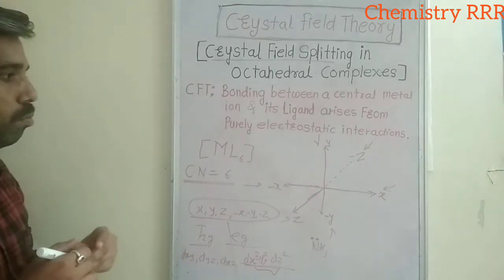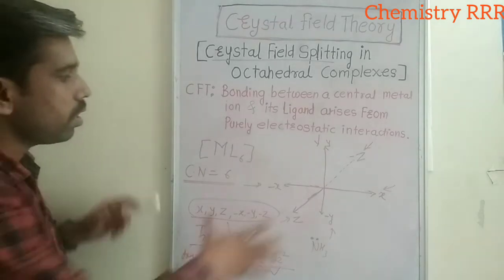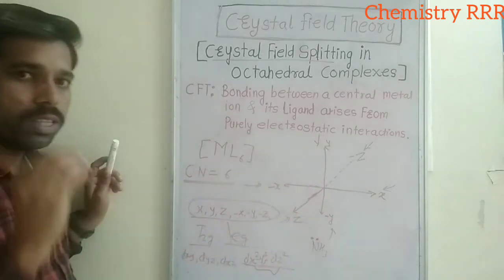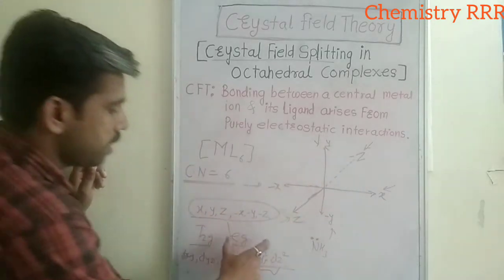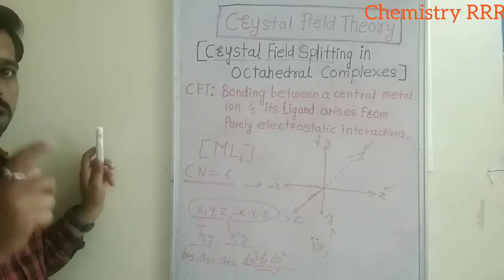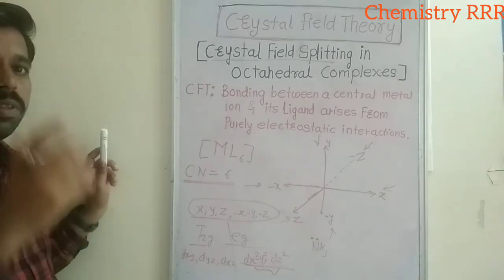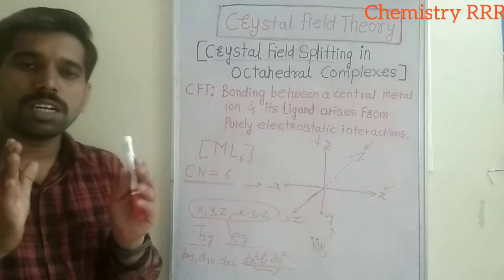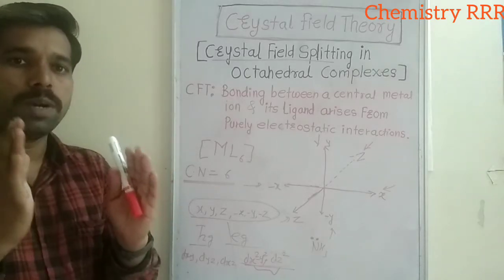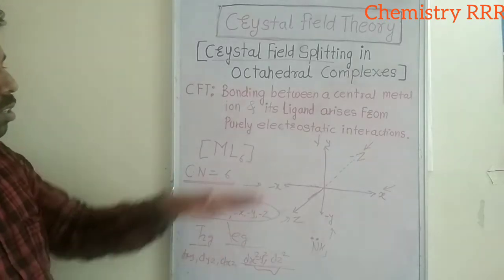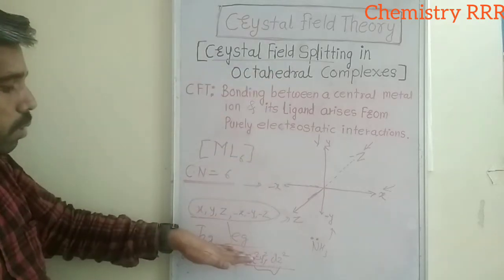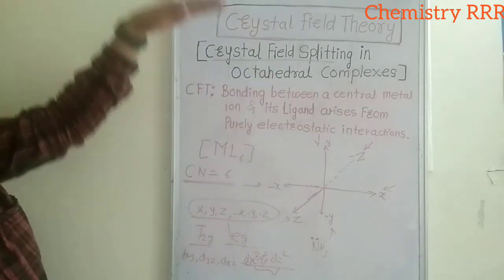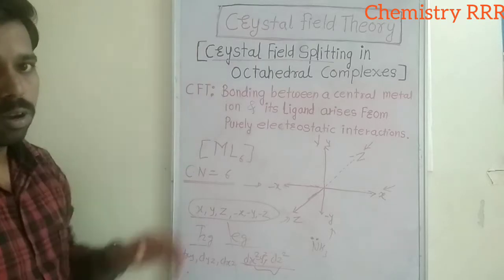Clear? Because of the approach of the ligand along the axis, and the Eg set of orbitals being present along the axis, the interaction between the ligand electrons and the electrons in the Eg set raises the energy of the Eg set of orbitals in octahedral complexes.